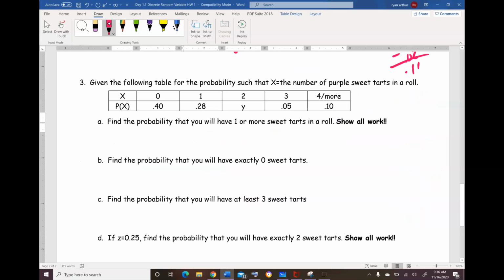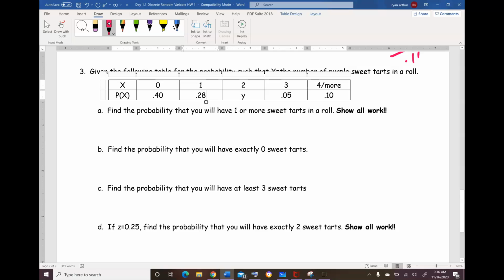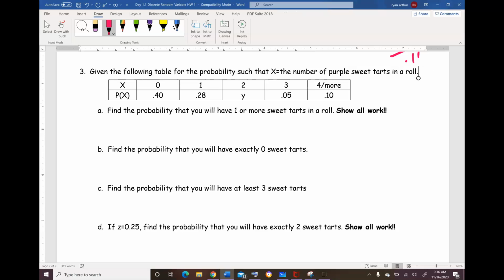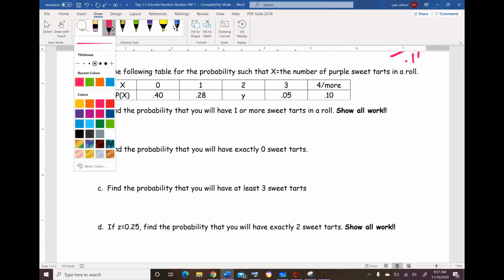All right, the next one. I always check first before I start working on anything to see if there's anything missing, and there is. We're missing a y there. Okay, so we are missing a probability here. So I would actually calculate that y before I start my problem.